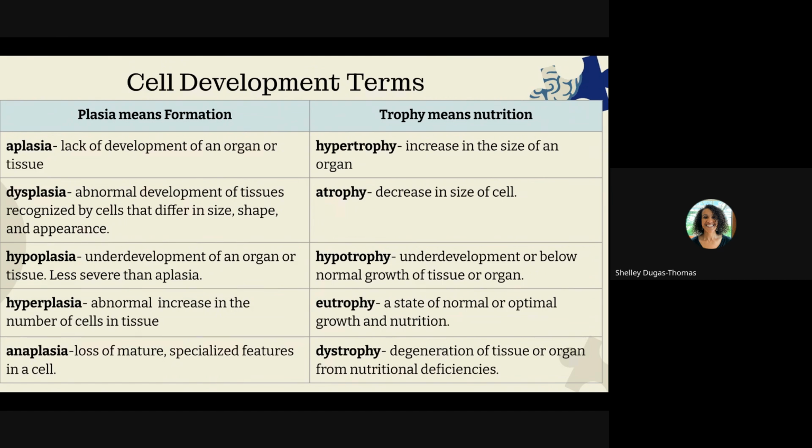Hyperplasia means an abnormal increase in the number of cells. Hypertrophy means an increase in the size of the individual cells, like lifting weights to grow muscle size. And anaplasia is a crucial term in oncology. It refers to a loss of cell specialization, which is a hallmark of malignant cancer cells.